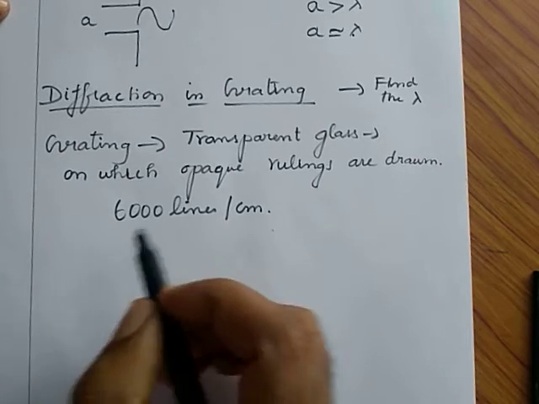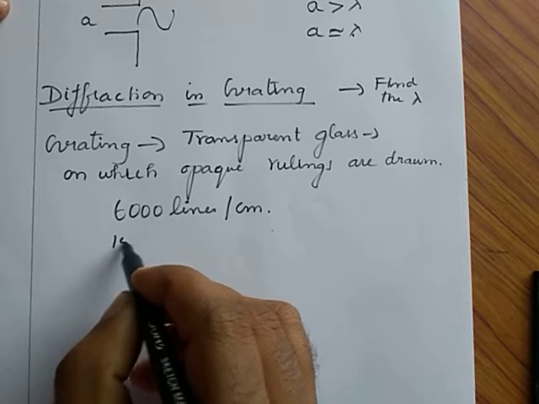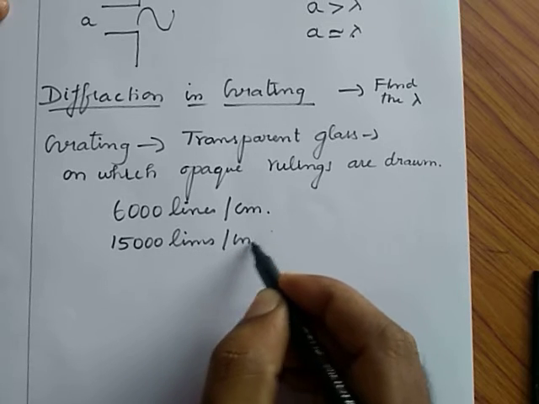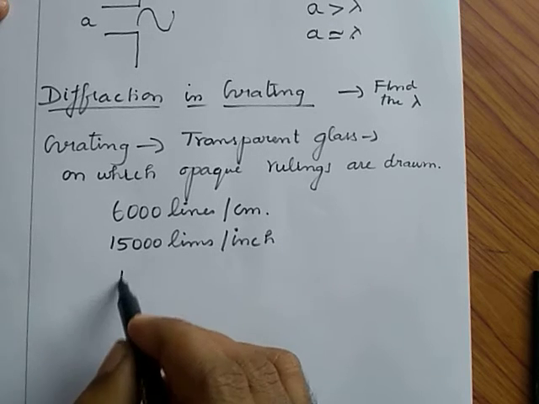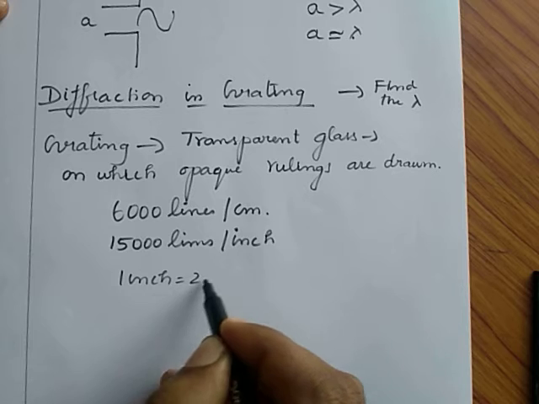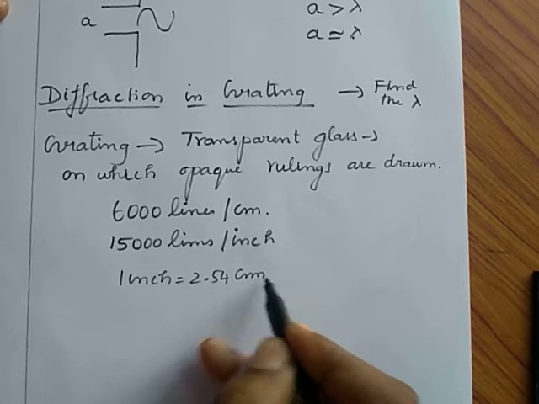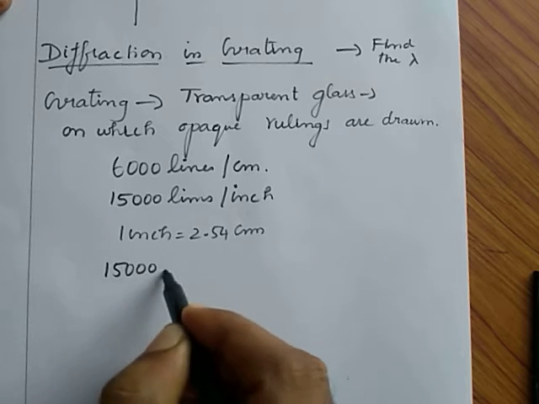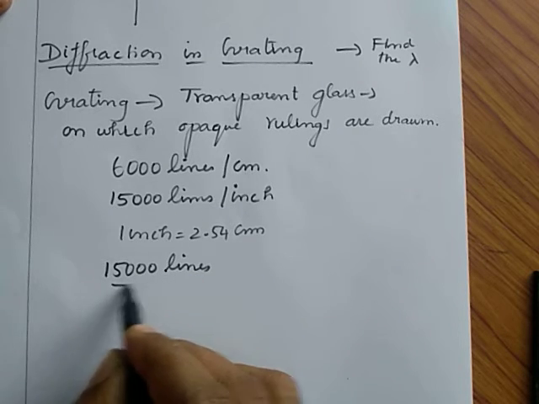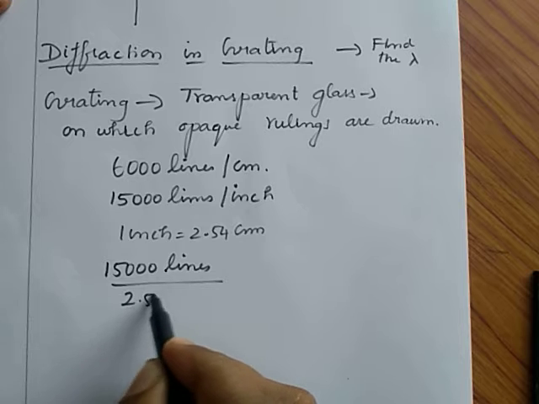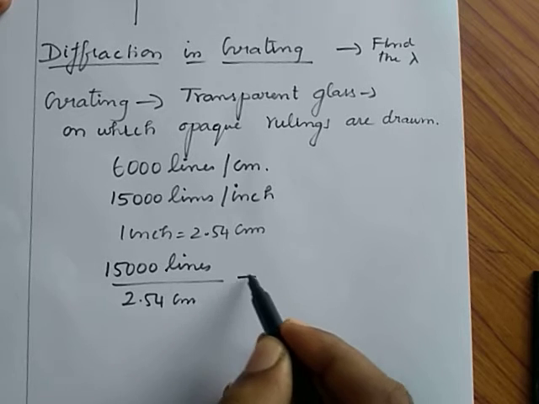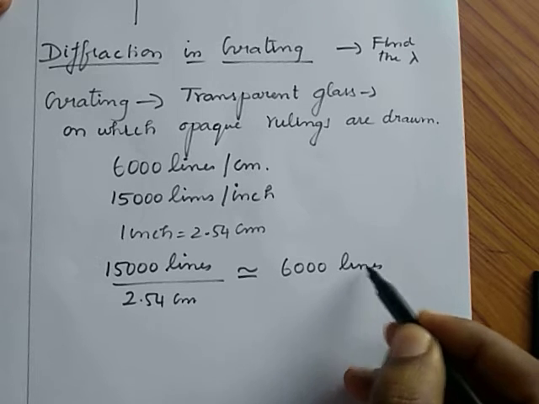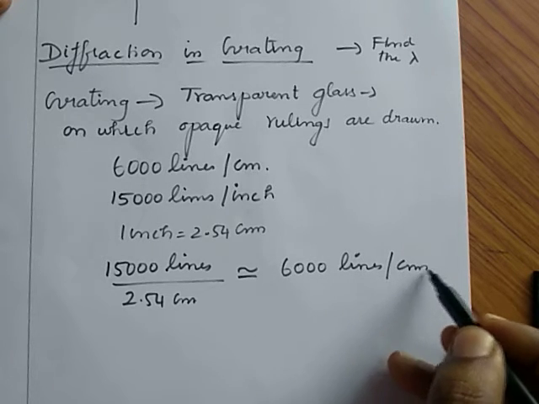We know very well that 1 inch is equal to 2.54 centimeters. On solving this, 15,000 lines per 2.54 centimeters gives approximately 6,000 lines drawn in 1 centimeter.